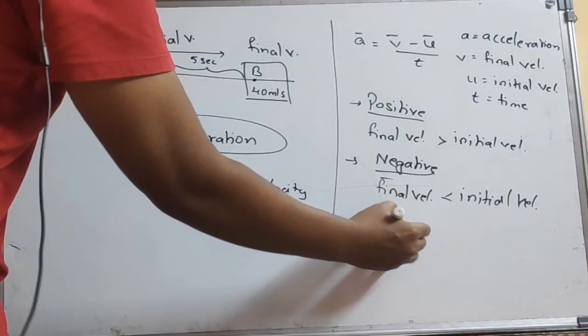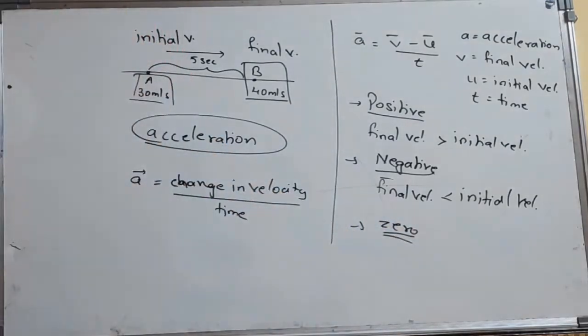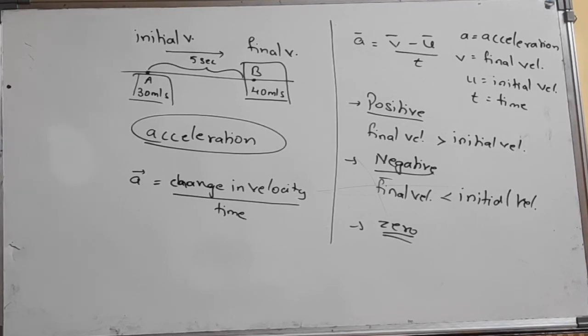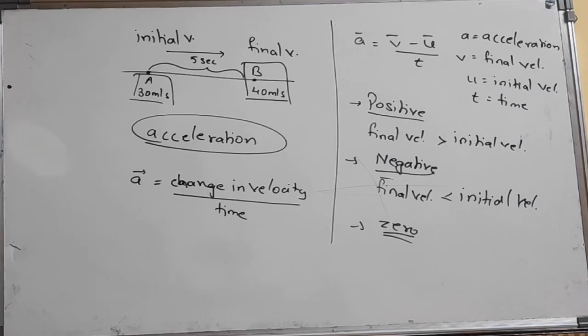Now, there is something called zero acceleration. What do you mean by zero acceleration? Zero acceleration is where there is no increase in the speed or the velocity of the object. It means the object is traveling at constant speed. So there is no increase or decrease in the velocity.